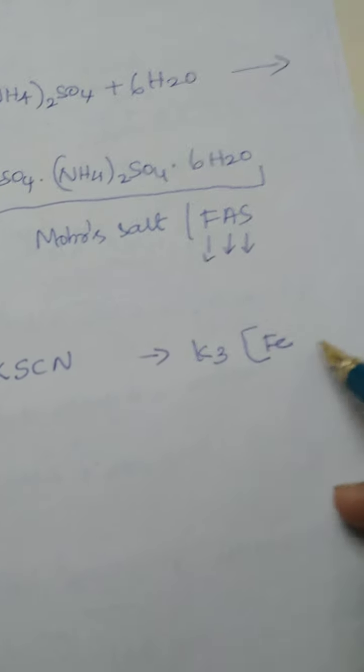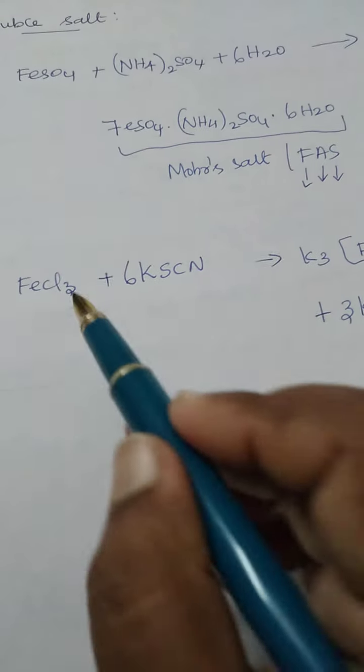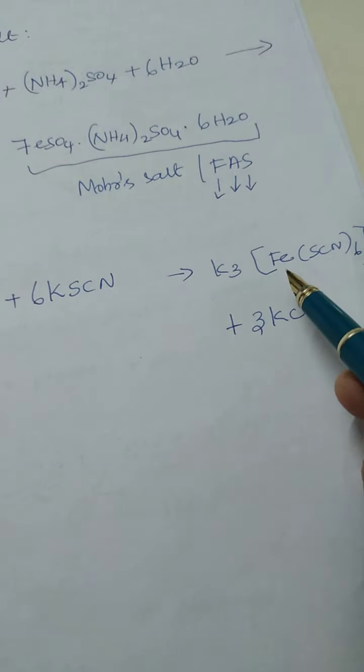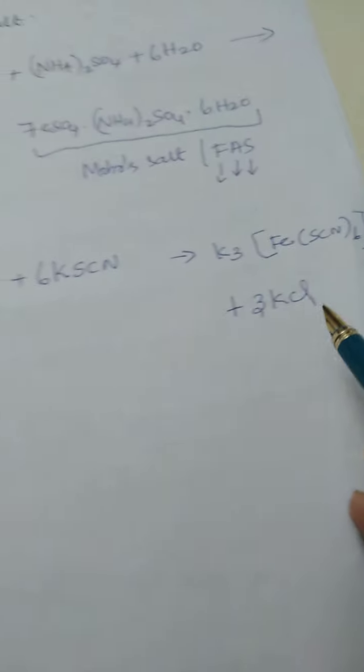So this is the compound formed. Just to balance this, there are 6 thiocyanate, so I'm adding 6 before that. When 6 is added, there are 3 chlorine, so the remaining product will be KCl, so there will be 3 KCl. So totally 6 potassium and 6 SCN, Fe 1, Cl 3 and Cl 3, it's balanced.